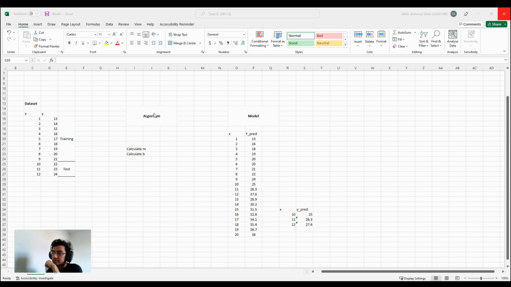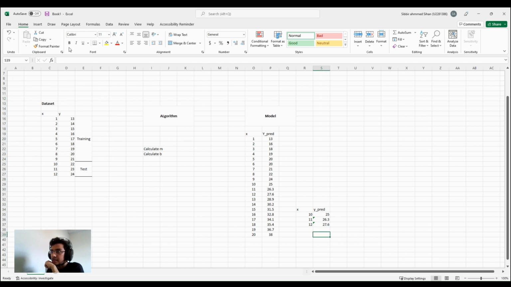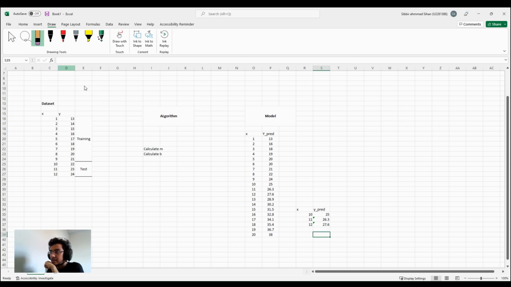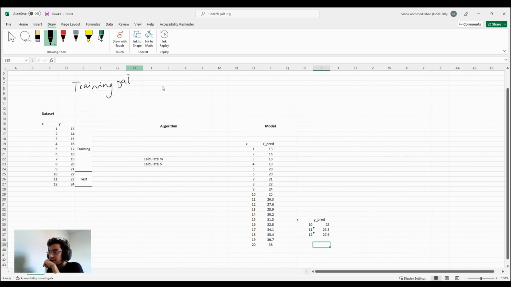This time we'll understand what is training data set, and we'll understand test dataset. These two major concepts.